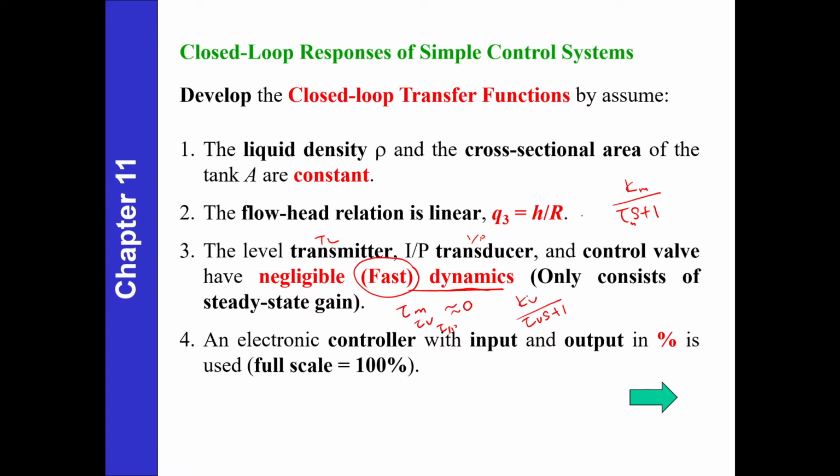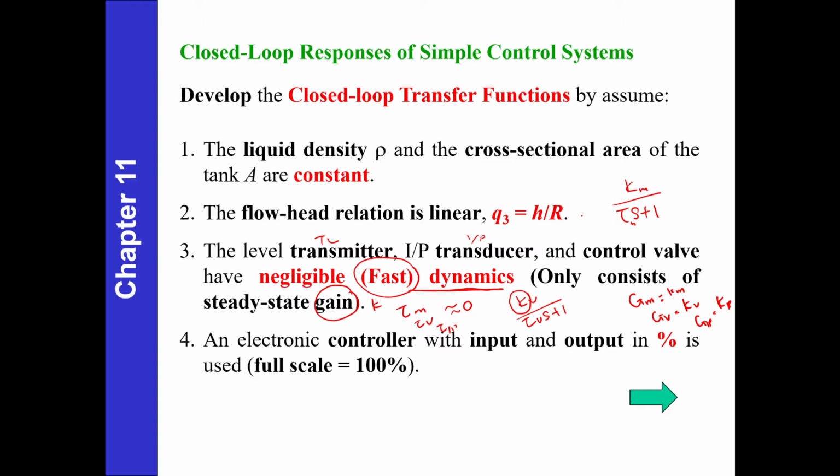Steady state gain is the value of K. So from this statement, straight away we can write the transfer functions: Gm is Km, Gv is Kv, and Gip is Kip. Okay, this is the definition.